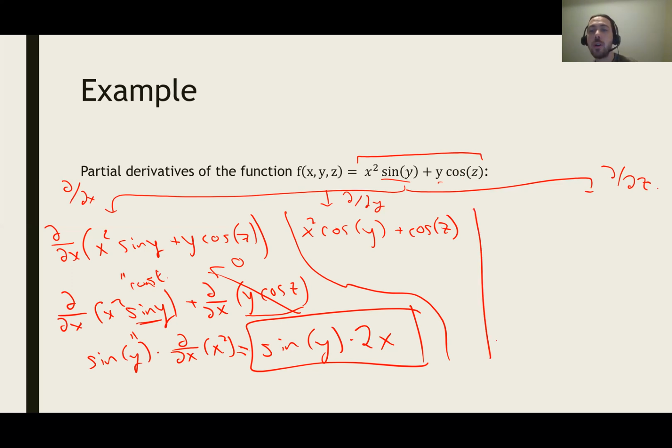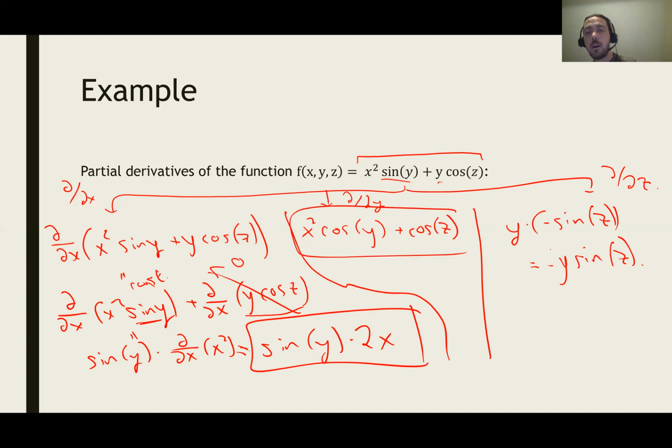Whereas if we take the partial derivative with respect to z, the first part is going to go away because x squared sine y doesn't depend on z at all, and we're just going to be left with y times minus sine of z. So that's minus y sine z. So we get 3 different partial derivatives for this function.